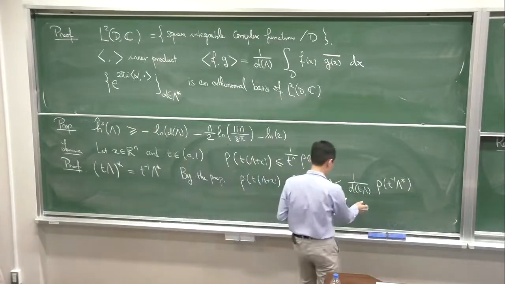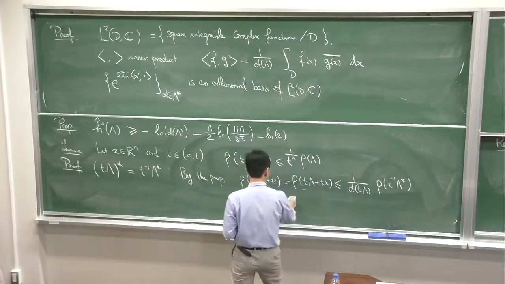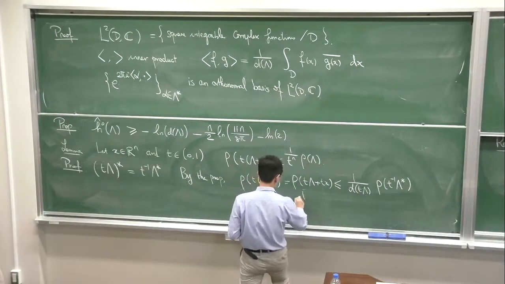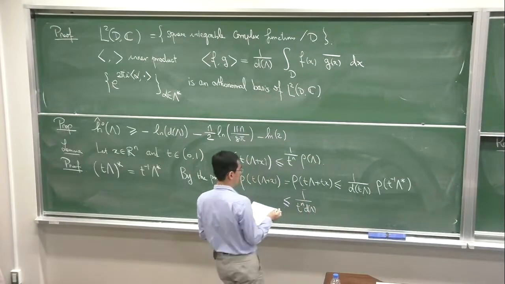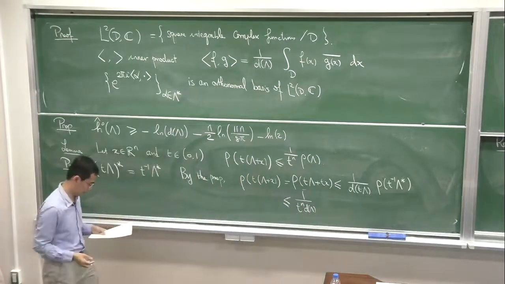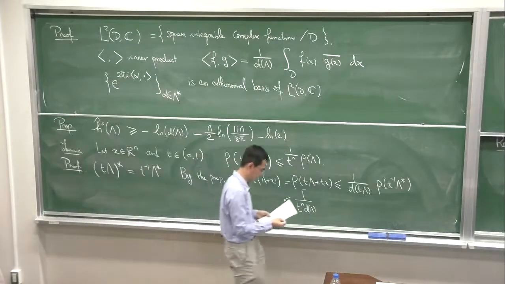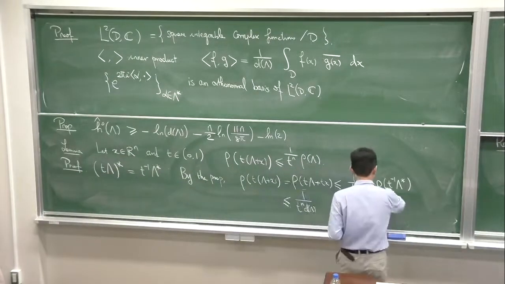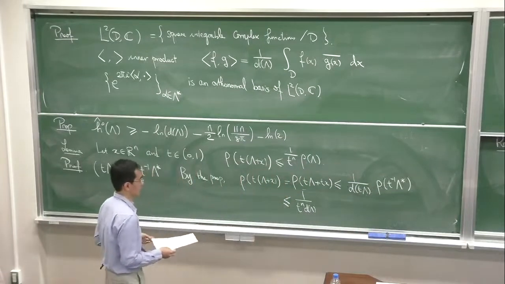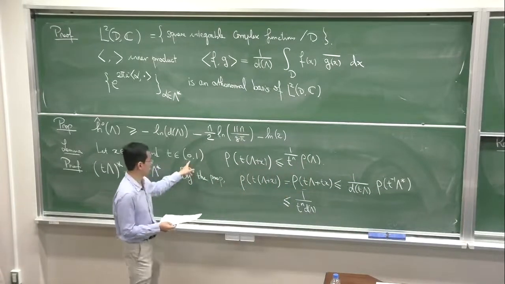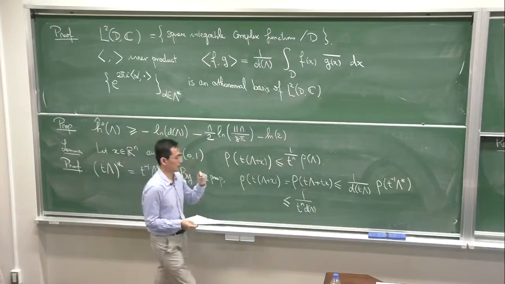So d of t lambda is nothing but 1 over t^n times d of lambda. If you scale lambda by t, you just multiply the volume by t^n. And here you have t^(-1) lambda star. So here t is between 0 and 1.